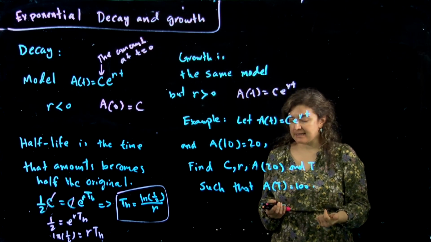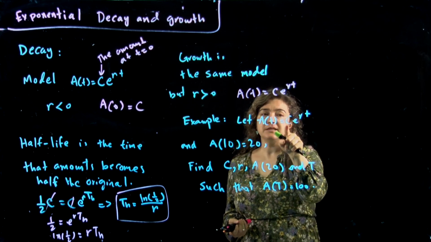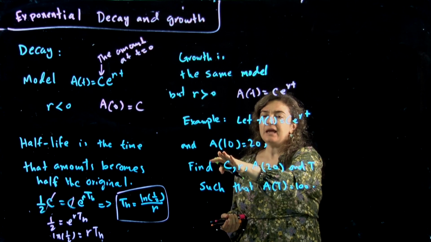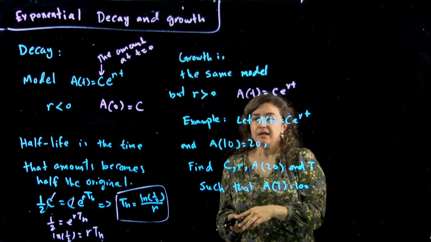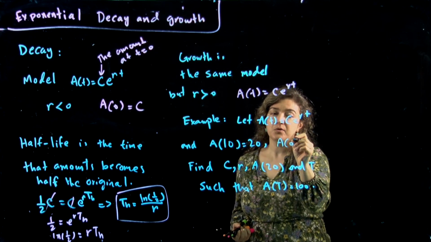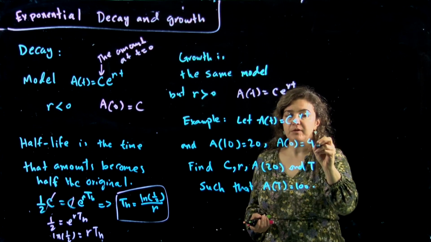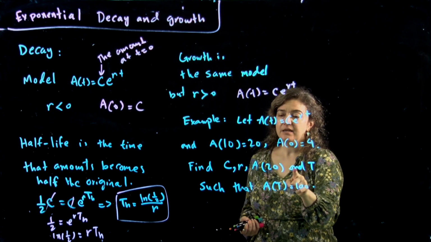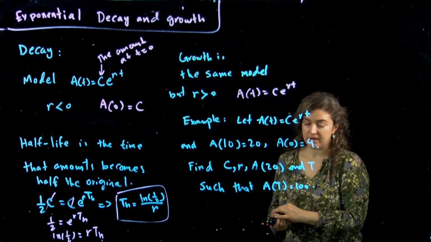Now let's do an example. Let's say a of t is equal to c e to the power rt is the model, and a bunch of information is given. Let's say a of 10 is equal to 20, a of 0 is equal to 4, and then can we find c, r, a at 20, and t such that a of t is equal to 100.